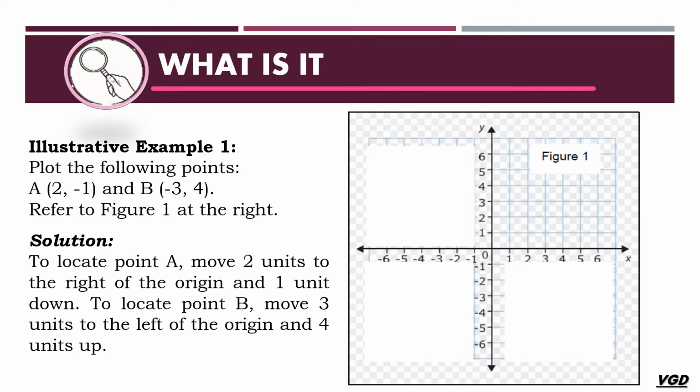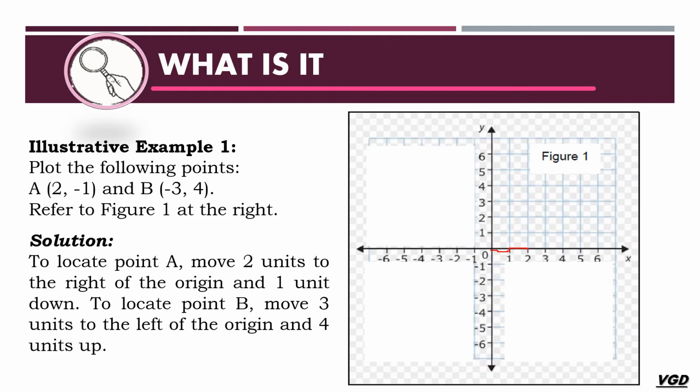First, according to the steps, let's have first point A. Let's locate point A. We have to move 2 units. Since the x value, or the abscissa, is +2, we have to move 2 units to the right. So from the origin, 2 units, 1, then 2.